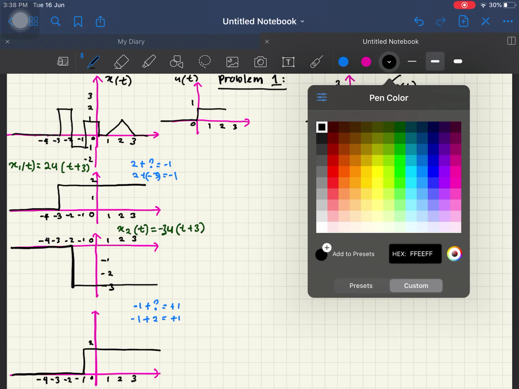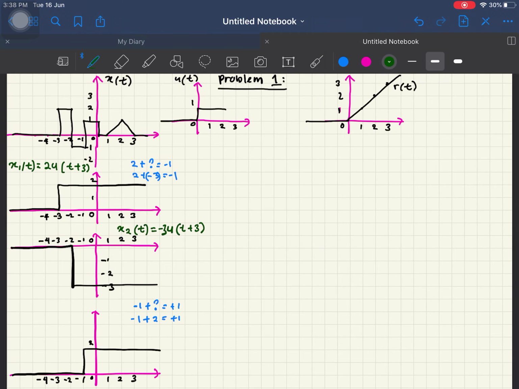If I write the equation for this signal, let's call it x3 of t. It is a step signal, so u undergoes a time shift to the left by 1 second, so t plus 1, and the amplitude is 2. Now look again at this signal.